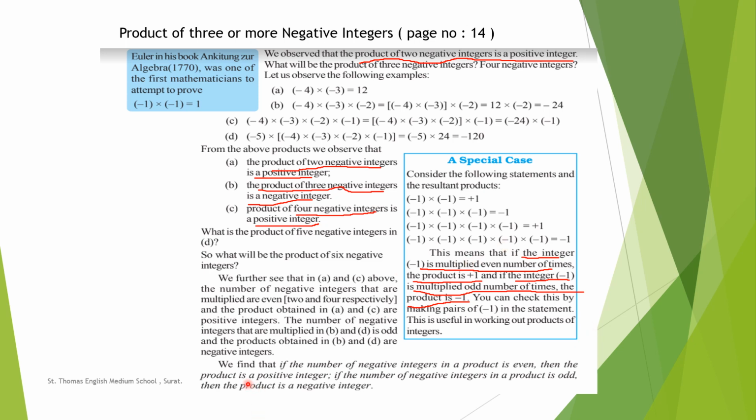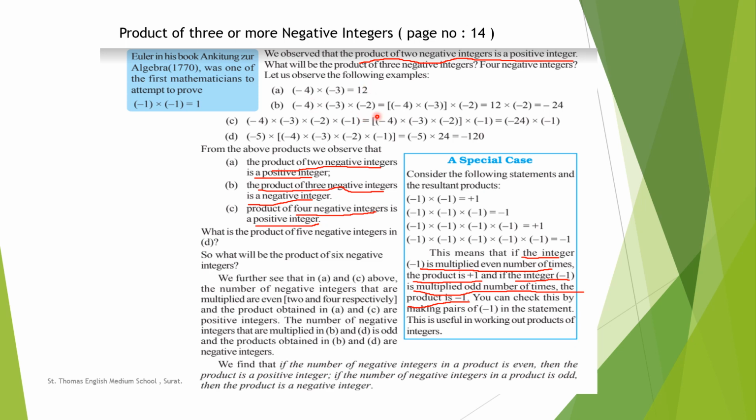It's clear? Now, we find that if the number of negative integers in a product is even, then the product is a positive integer. If the number of negative integers in a product is odd, the product is a negative integer. Clear? So it depends on an even or odd number of times. If it is even, the answer will be positive.